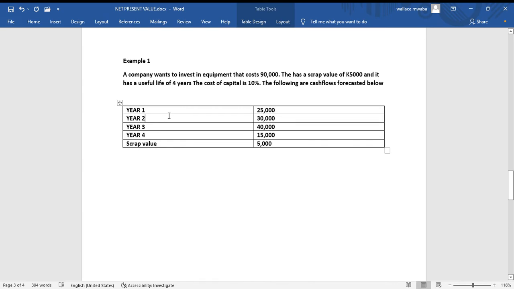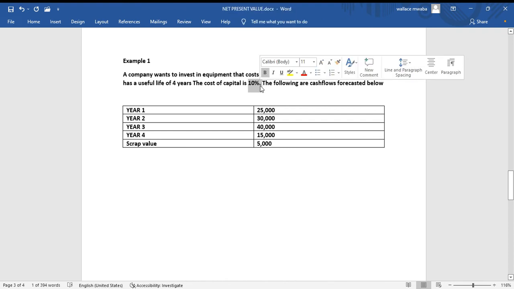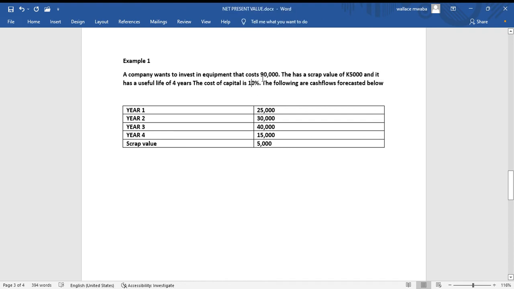At the end of year 2, we expect to receive 30,000. At the end of year 3, we expect to receive 40,000. At the end of year 4, we expect to receive 15,000.